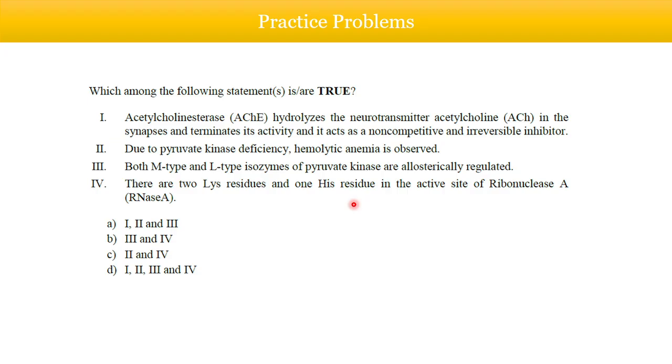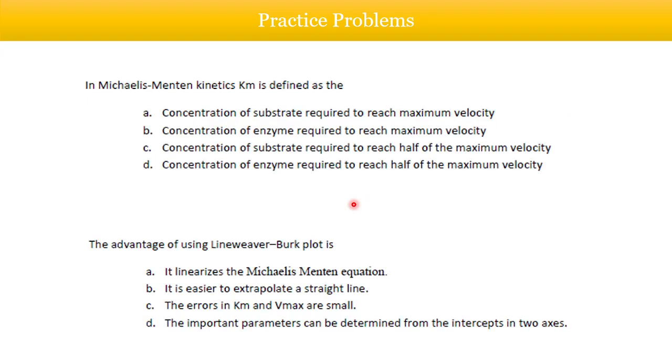Okay. Now, in Michaelis-Menten kinetics, Km is defined as, so how do you define Km? Concentration of substrate required to reach maximum velocity, concentration of enzyme required to reach maximum velocity, concentration of substrate required to reach half maximum velocity, or concentration of enzyme required to reach half maximum velocity.